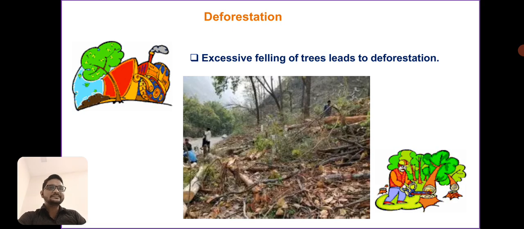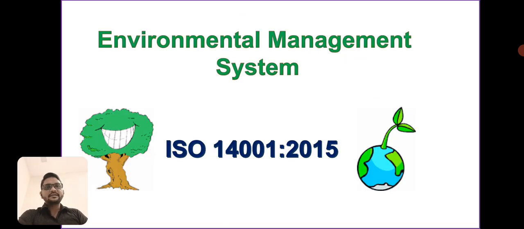Now next is deforestation, meaning excessive felling of trees leads to deforestation. Then next is the environmental management system, meaning ISO 14001:2015 requirements and guidance for use.